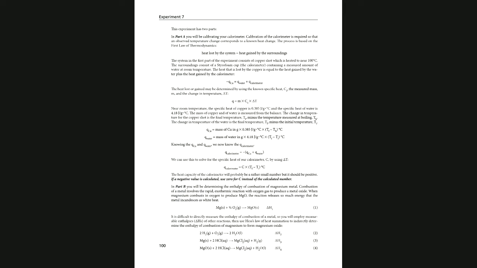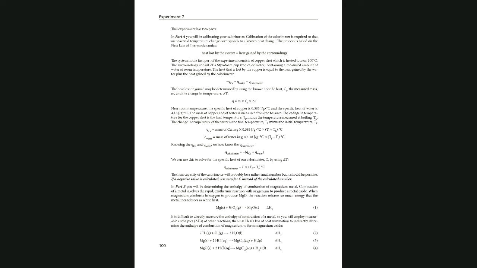We want to calculate the delta H for combustion of magnesium. So we want to find the delta H1, but we have the delta H2. This is a literature value given to us.